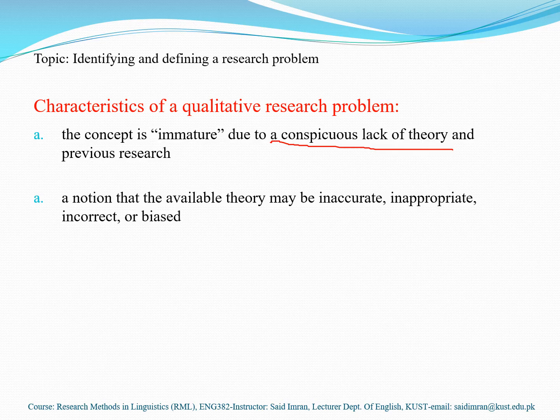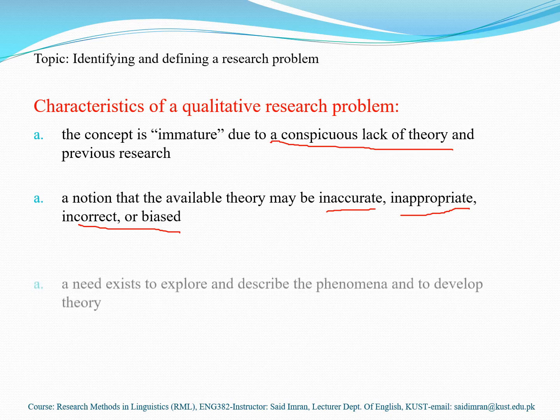Sometimes there is a theory available, but that theory may be inaccurate, inappropriate, incorrect, or biased. So you want to correct it, make it appropriate, or make it neutral. So this may be one of the reasons that a research problem is selected based on this justification.